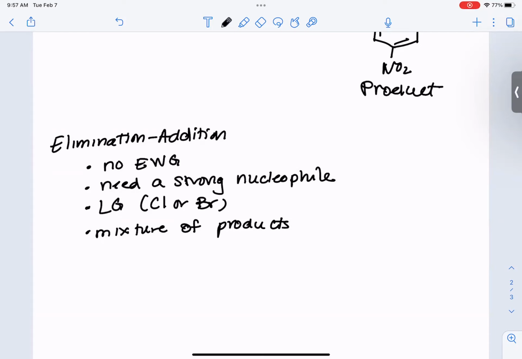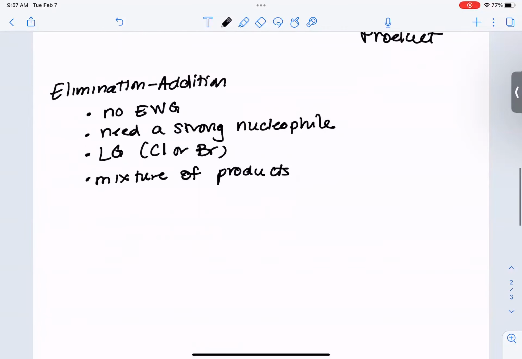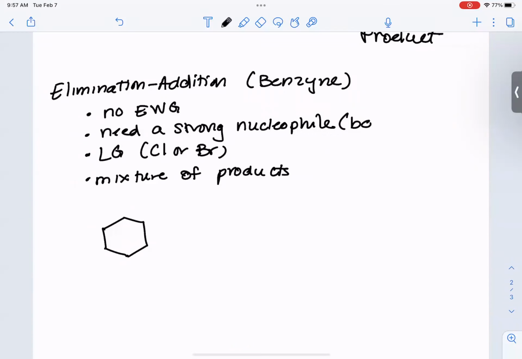Okay. All right, so with the elimination addition mechanism, it's also known as the benzyne mechanism. I should say this, not only is it a strong nucleophile, but it's a base as well. So it's a basic nucleophile, okay?